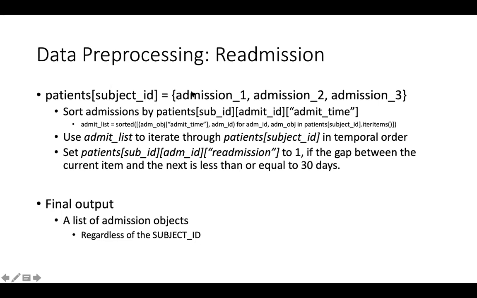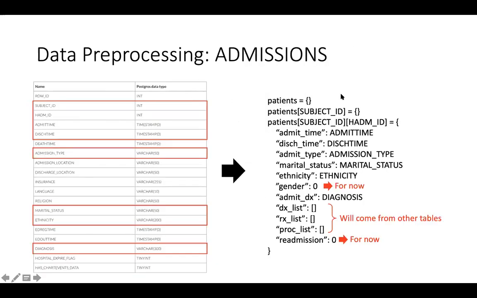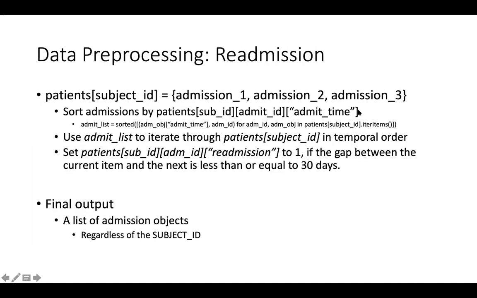Because, as I said, the original data structure is a patient lookup: given a patient key, that becomes a dictionary. So when you look up a certain patient with their subject ID, you see a dictionary of different admission IDs.